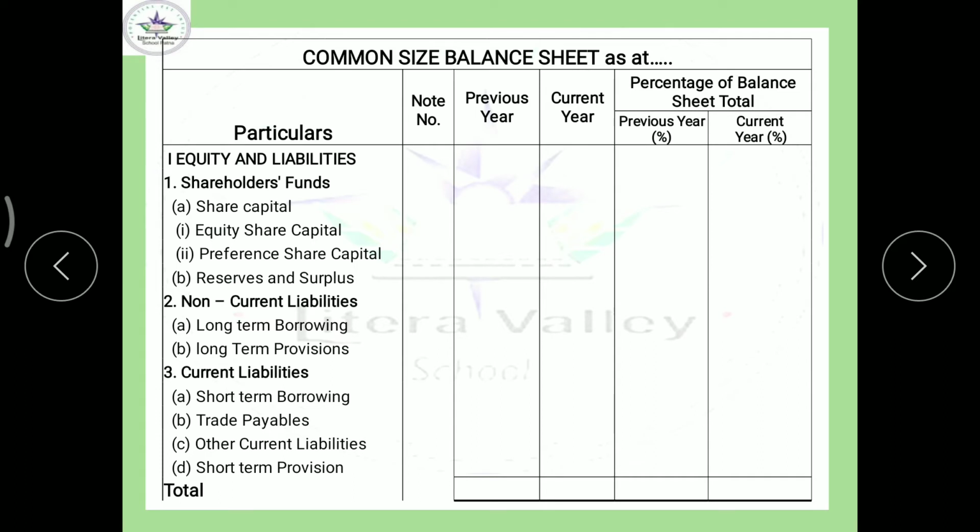So you have to write here 5%. Why is it called vertical analysis? Because each component is compared with the total of this one, like this. So that is why it is called vertical analysis.